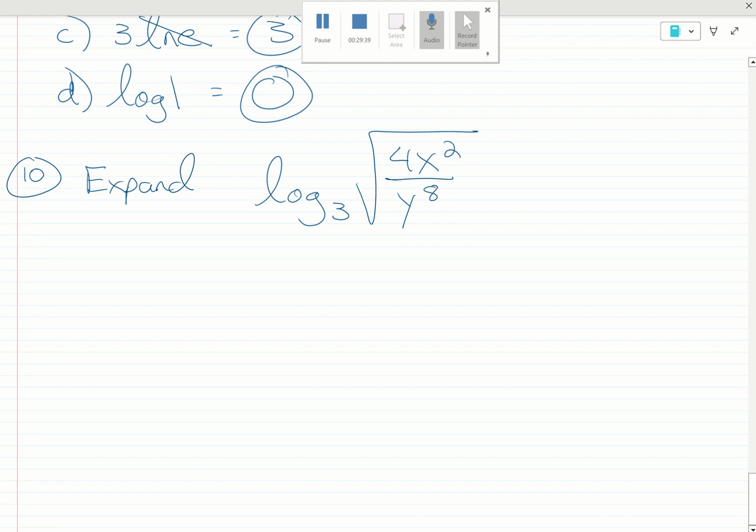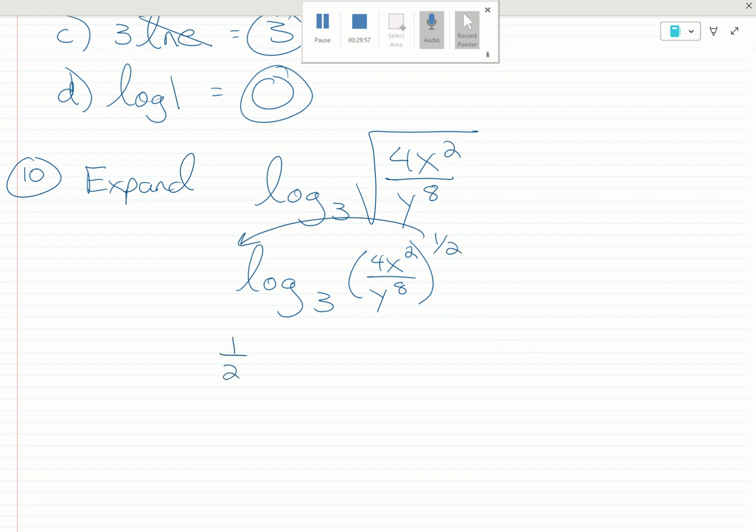So let's go ahead and get rid of that radical by writing it as a power. Log base 3 of 4x squared divided by y to the 8th, to the 1/2 power. Then we could bring that power down: 1/2 times the log base 3 of 4x squared minus the log base 3 of y to the 8th.